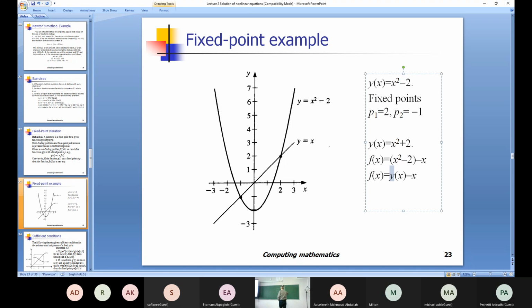So when you consider the 0 value problem for f of x, it will be the fixed point problem for y of x. So these problems are related. Just subtract minus x, or just add plus x, and you can convert one problem to another.